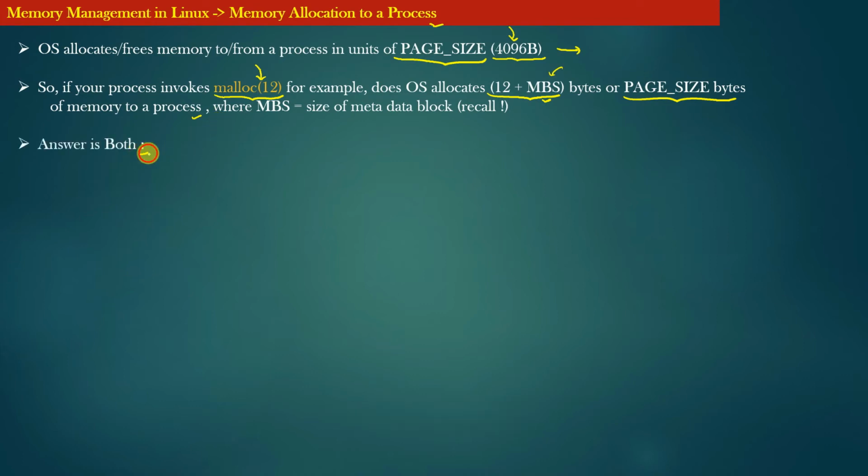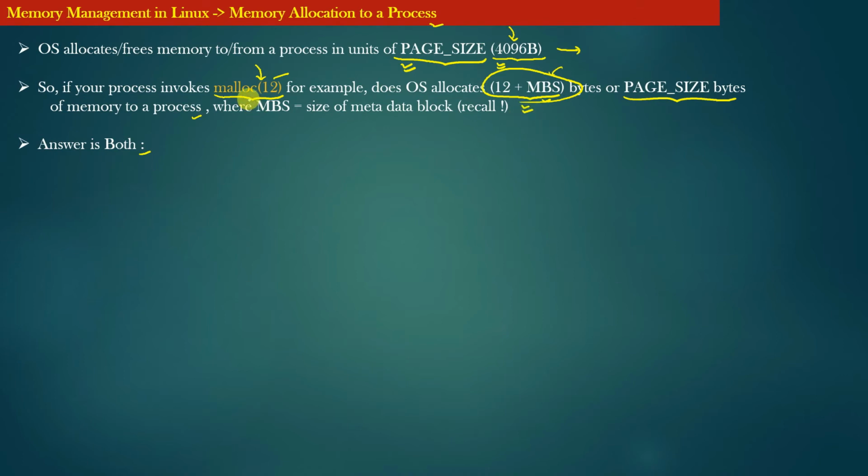The answer is the operating system allocates the page size amount of memory to be used by the process, but out of these 4096 bytes, only 12 plus MBS bytes of memory is actually allocated to the process to be used. Now let us dive deep into this and see what actually happens.